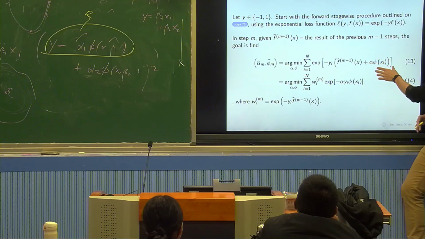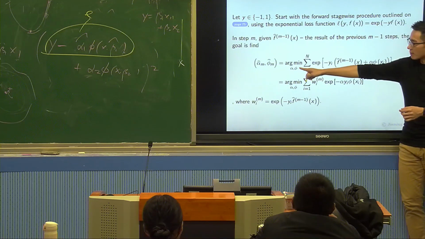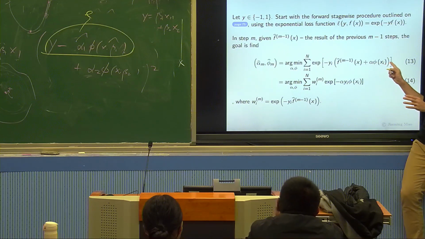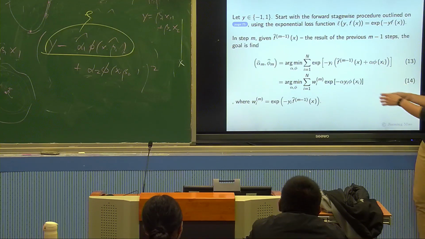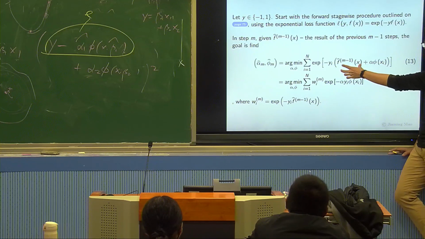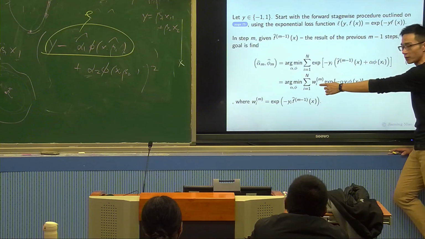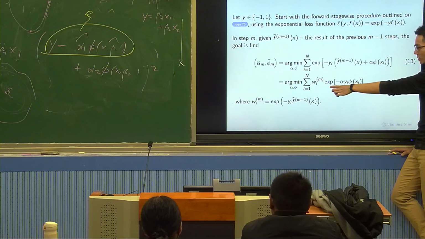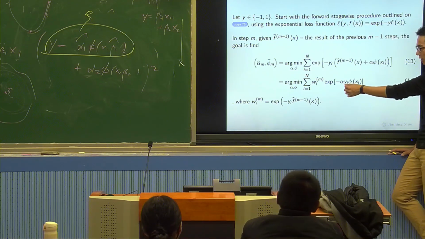So what I'm doing is I'm trying to optimize alpha and phi together in this new round. Now, of course, the f is already from the previous round. So I can take the y and the f from the previous round, and together I'm just going to call it w. What is left is the exponential of negative alpha times y_i times this phi.